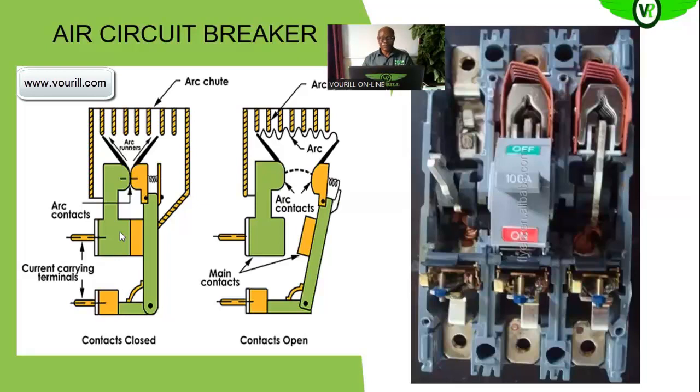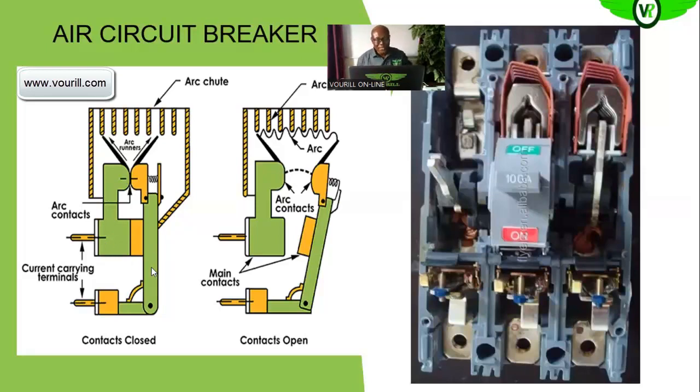But conversely, if the circuit breaker is opening, assuming it's closed, it is the main contact that opens first. So once the main contact opens, since the circuit is still continuous through the arcing contact, no arc will be formed because the current will flow through the arcing contact.